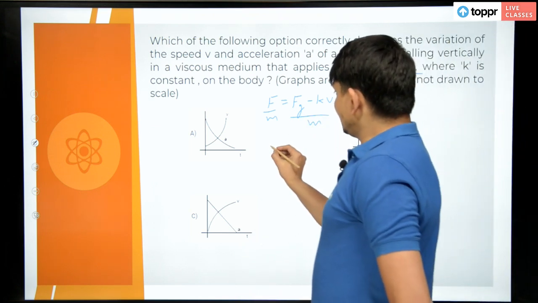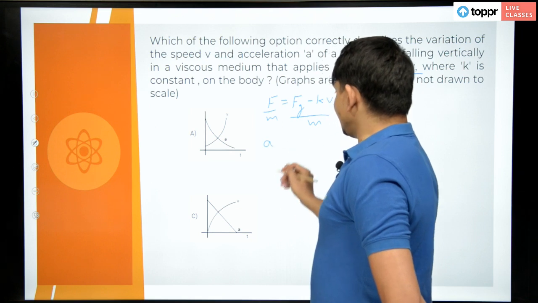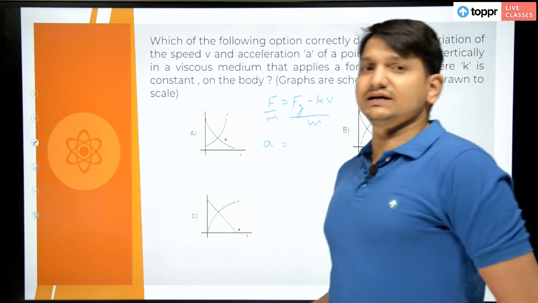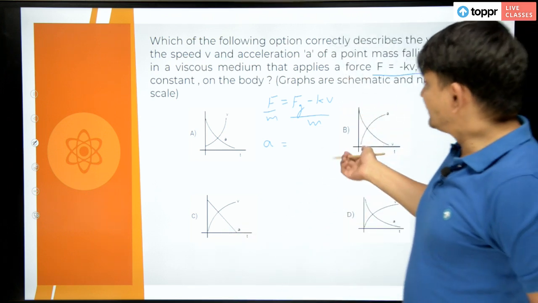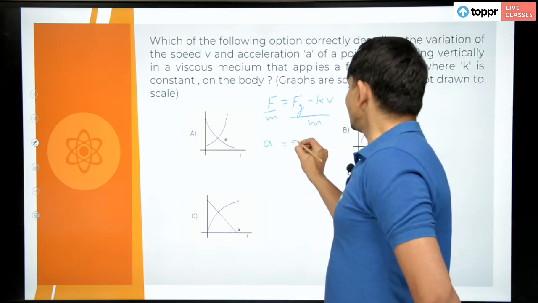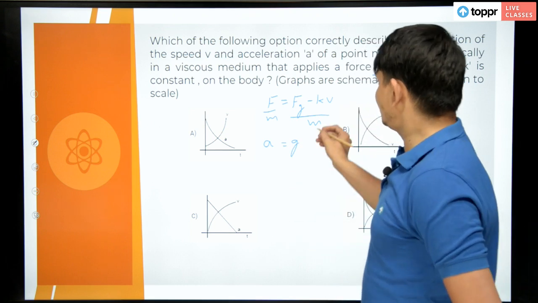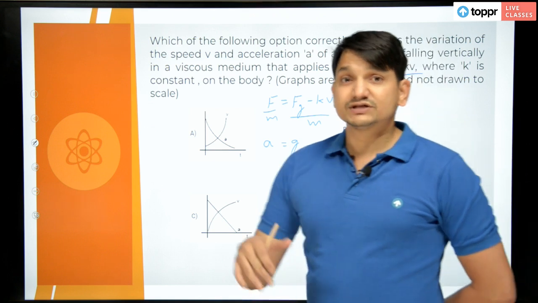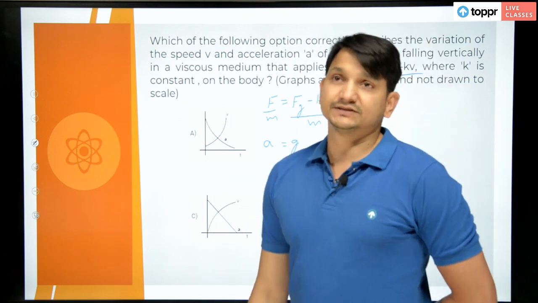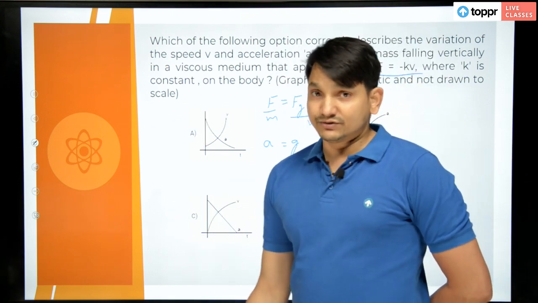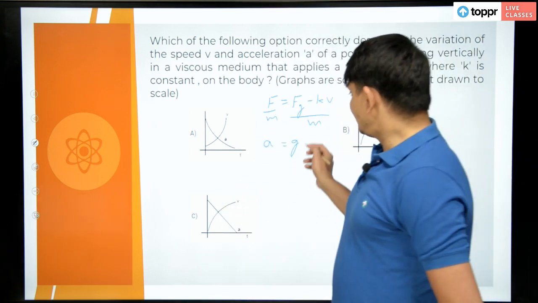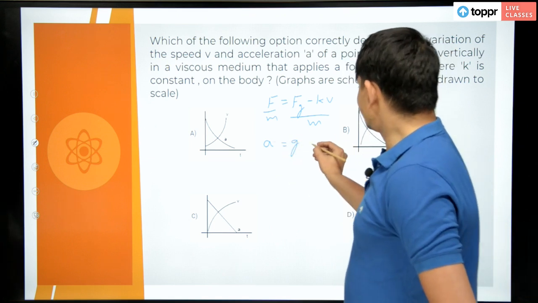So, let us say acceleration equals Fg by m, whatever is the gravitational force on the body, it will give us the acceleration due to gravity for that point. And we know if the height or the altitude is not differing that much, you are most likely to get an almost constant value of g, acceleration due to gravity.